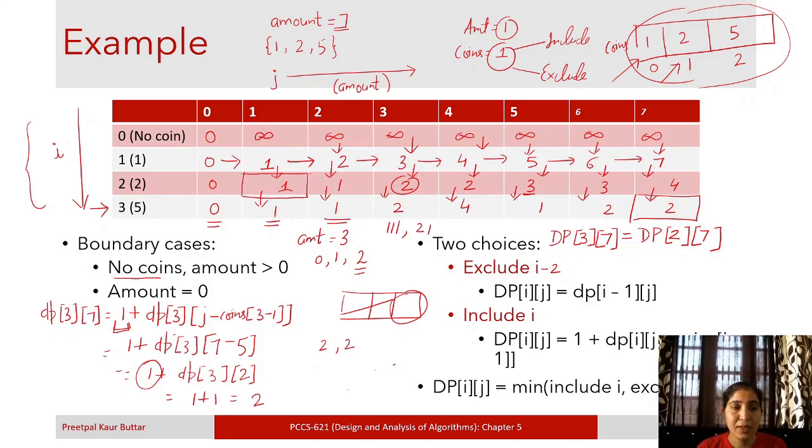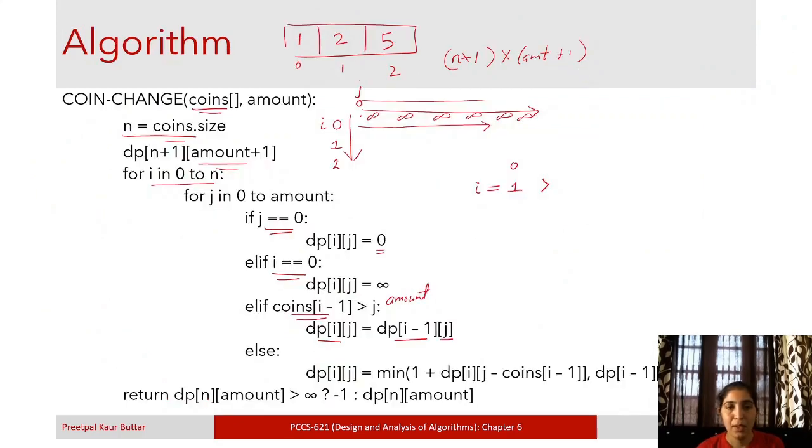Here i is 3, and its value in this table is 5. So when the amount is smaller than this value, we just copy the values from the upper cell. These were the values which we copied from the upper cell. Otherwise we apply the dynamic programming strategy.